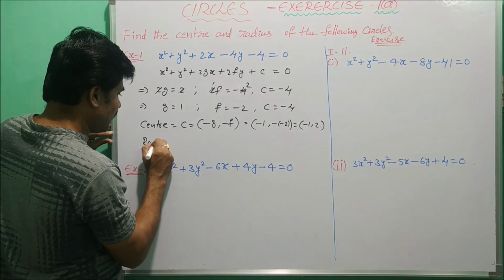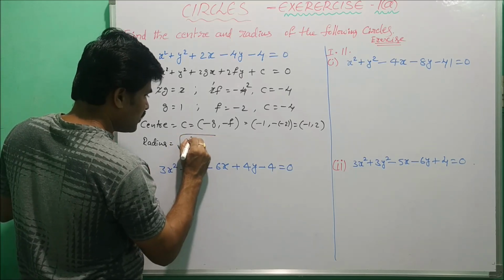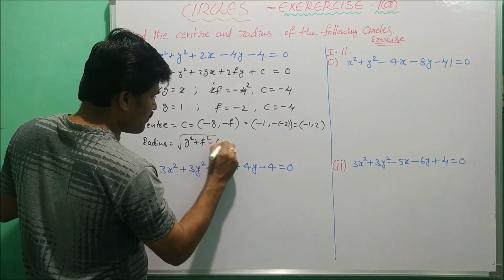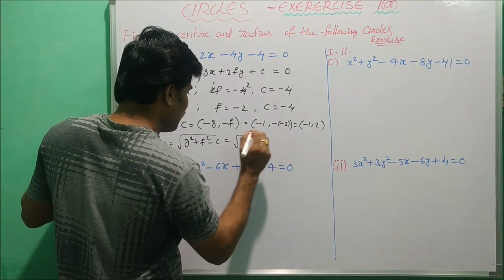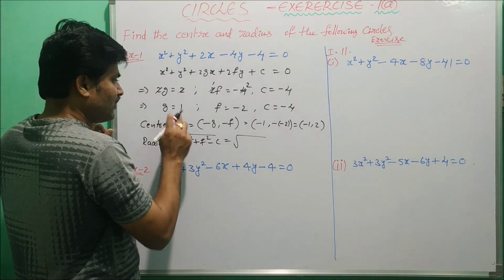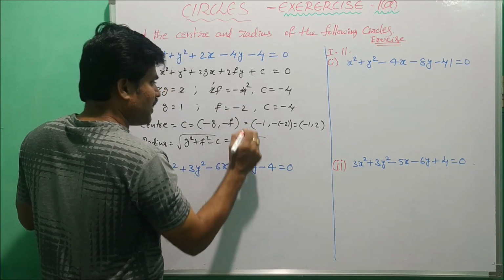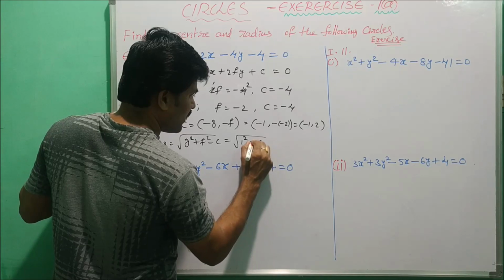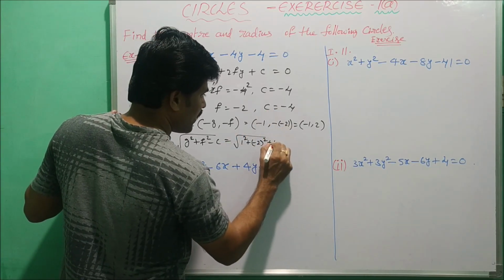Similarly, to find the radius, the formula of radius is square root of g square plus f square minus c. This is the formula for radius. Now we substitute in this one: g square, that means 1 square, plus f square. f means minus 2, so plus of minus 2 whole square, minus c, so minus of minus 4, plus 4.